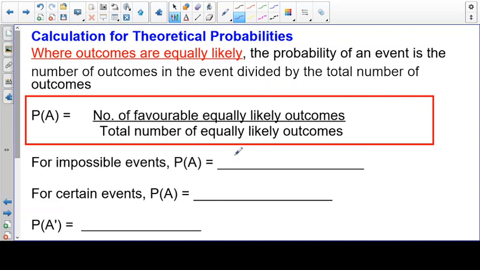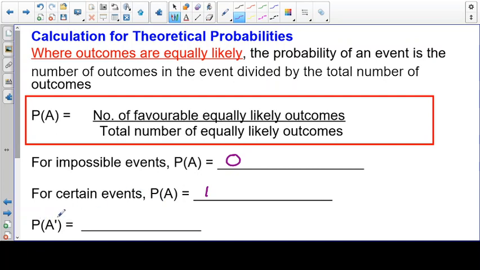For something to be impossible to happen, that's got a probability of 0. For certainty, that's got a probability of 1. So all probabilities range from 0 to 1. So you're going to be writing probabilities as either fractions or decimals, sometimes percentages, but it's usually easier if you work with fractions or decimals, never as a ratio.